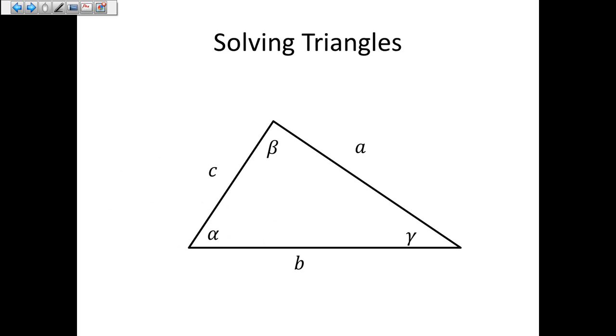side-side-side triangle. So again, when we're talking about solving triangles, we're still talking about finding any missing side lengths and any missing angle measures. Everything that we talked about in the previous section is still viable. A, B, and C are still opposite alpha, beta, and gamma, just like before.